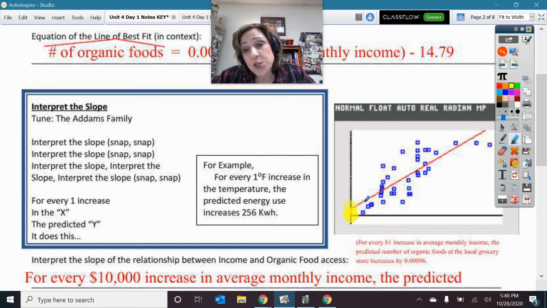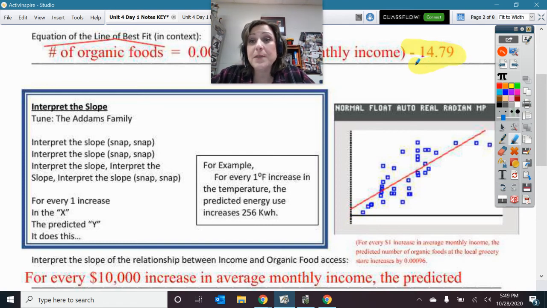Now, if I was to look at the window that this calculator gives me, I am thinking that this window does not show me when X is 0. How do I know that?